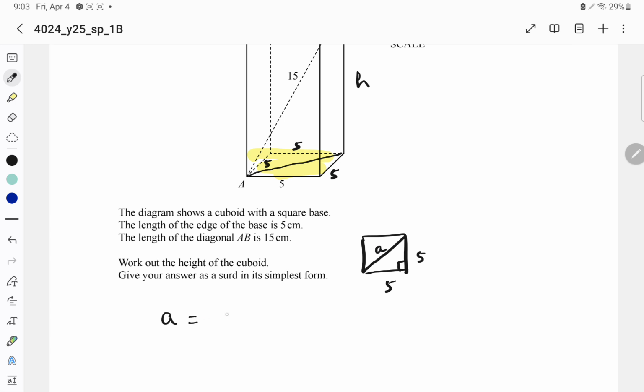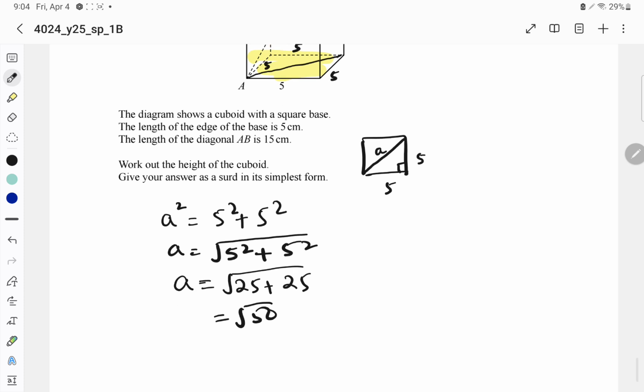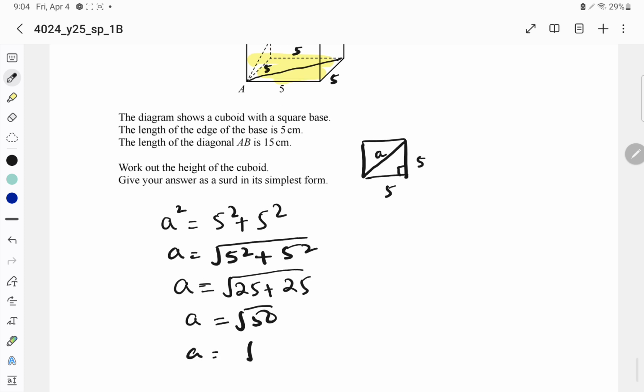A squared is equal to 5 squared plus 5 squared. A is equal to square root of 5 squared plus 5 squared. Then that will be equal to 25 plus 25, that is equal to 50. 25 times 2 is 50, which is 5 square root 2. So this is 5 square root 2.